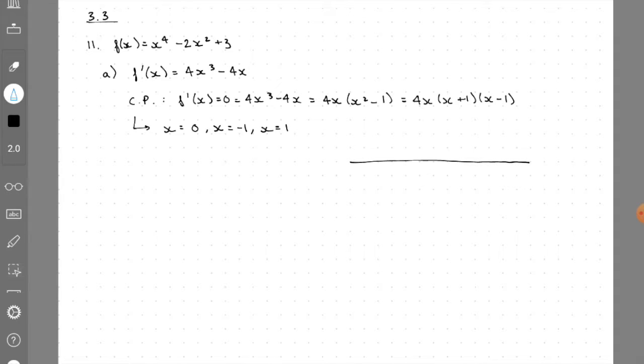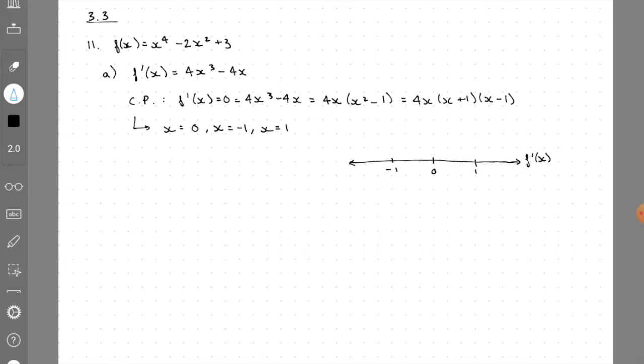And I'm going to put the critical points in it. So it's going to be negative 1, 0, and 1. And just so you remember what you're doing, let's write here that we're evaluating f prime of x, because we're talking about the slope, right? This is kind of awkward. Let me move this around.